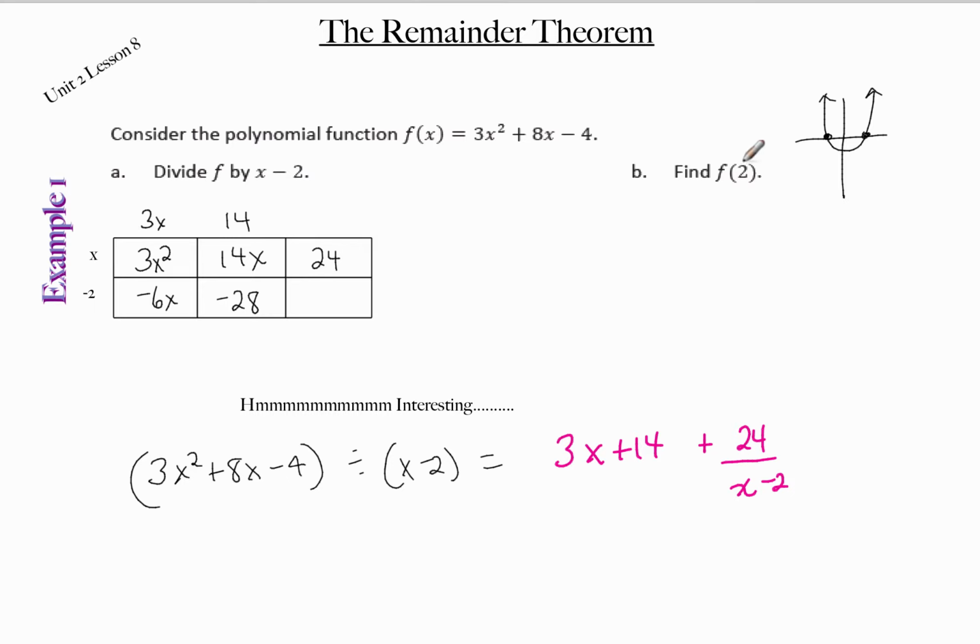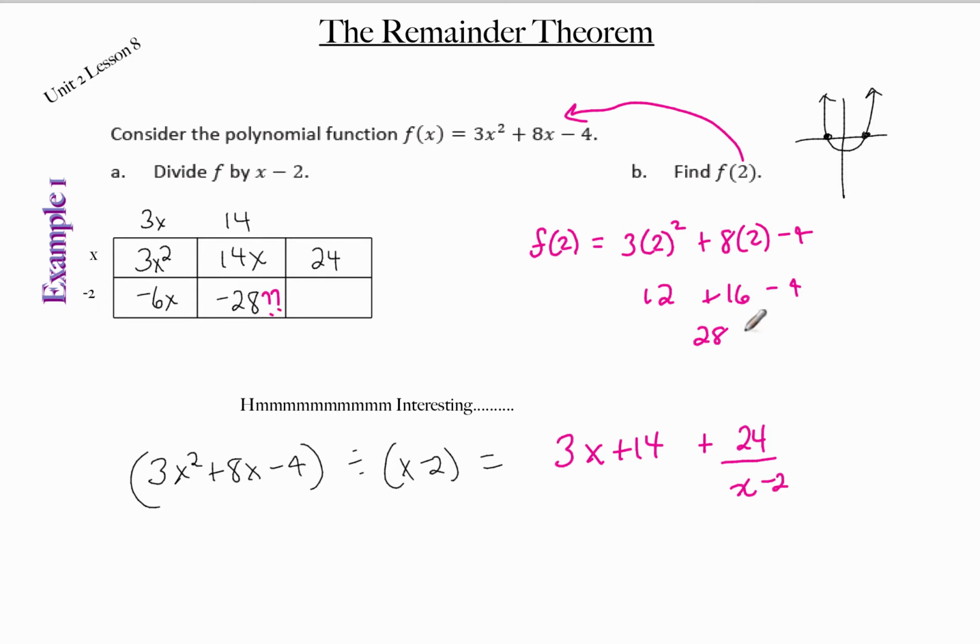You want me to put 2 into that problem. So when I put a 2 into this function, it is 3 times 2 squared plus 8 times 2 minus 4. That's 4, that's 12, that's 16. 12 plus 16 is 28. 28 minus 4 is 24.